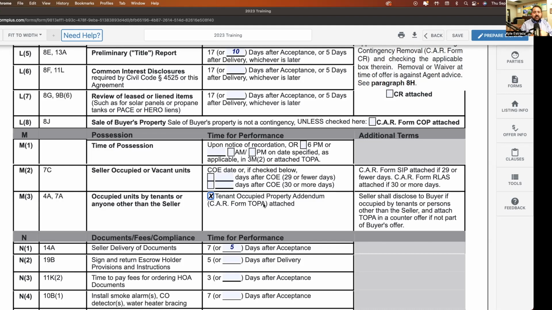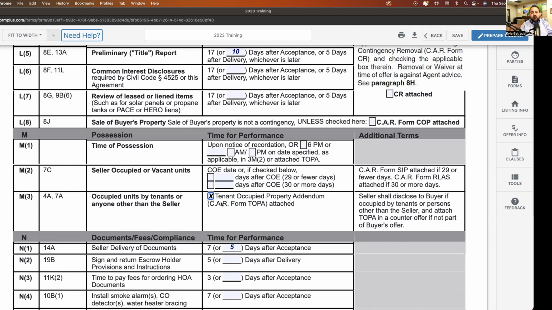It addresses whether the tenants are going to be in possession when you close or if they're going to be vacated prior to close. Okay, so if it is tenant occupied, if it's 2, 3, 4 units, and I'm using the regular residential purchase agreement, even now the RIPA, I believe, has a reference to the TOPA. If there are tenants in a residential property, I have to use the TOPA, even if they're going to vacate prior to close of escrow.